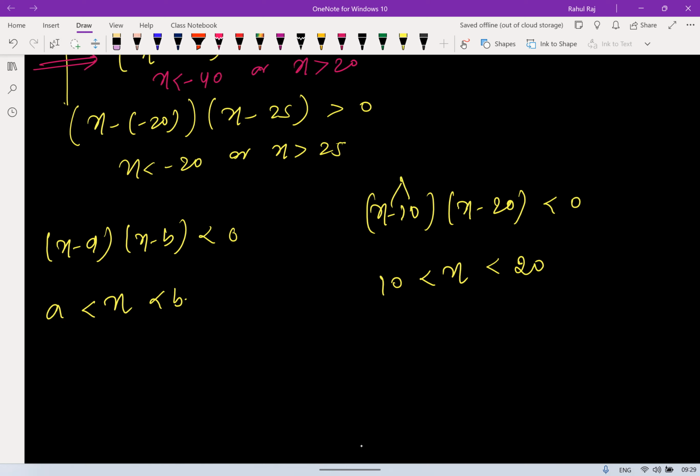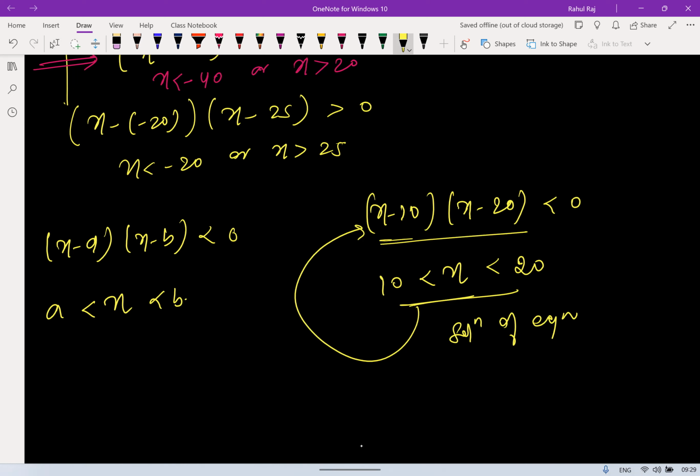Please understand, Alexa, this is not a formula. This is 100% a solution of an equation. Solution of an equation simply means that you put this back into the equation and you should exactly get less than 0. Let's say put 5. 5 minus 10 is minus 5, and 5 minus 20 is minus 15.